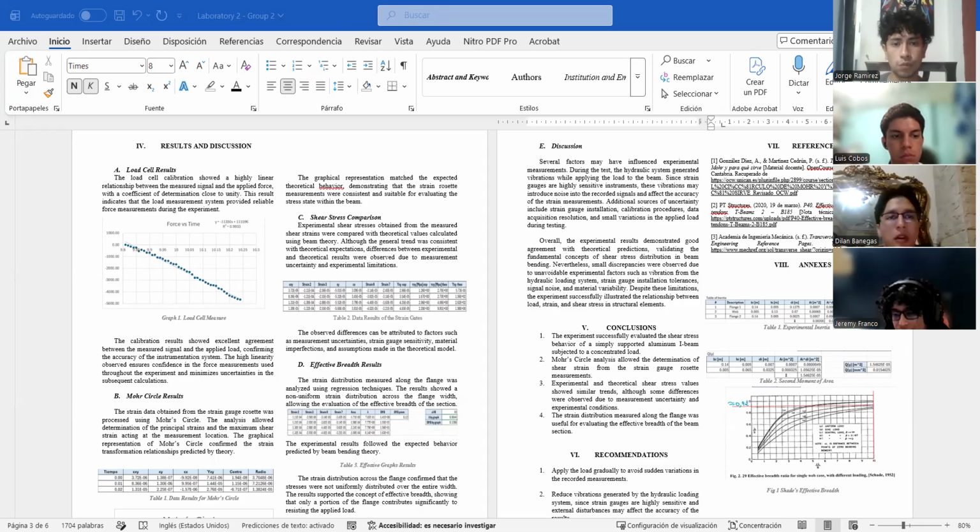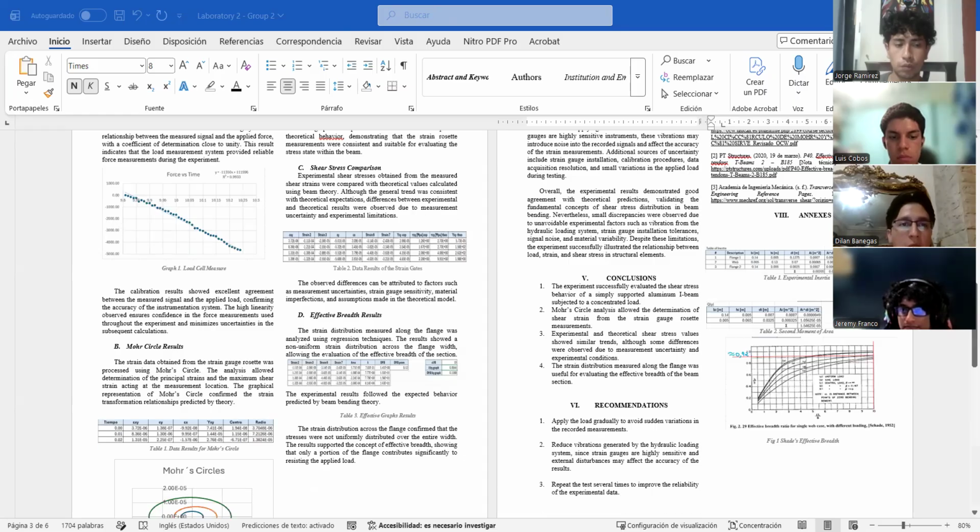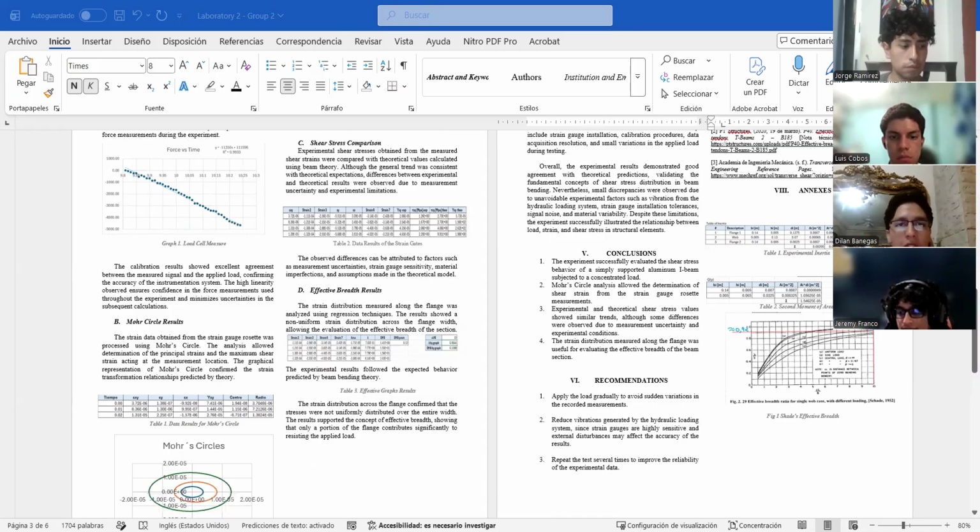And conclusion, number one: the experiment successfully evaluated the shear stress of a simply supported aluminum I-beam subject to a concentrated load. Mohr circle analysis allowed the determination of shear strain from the strain gauge rosette measurements.